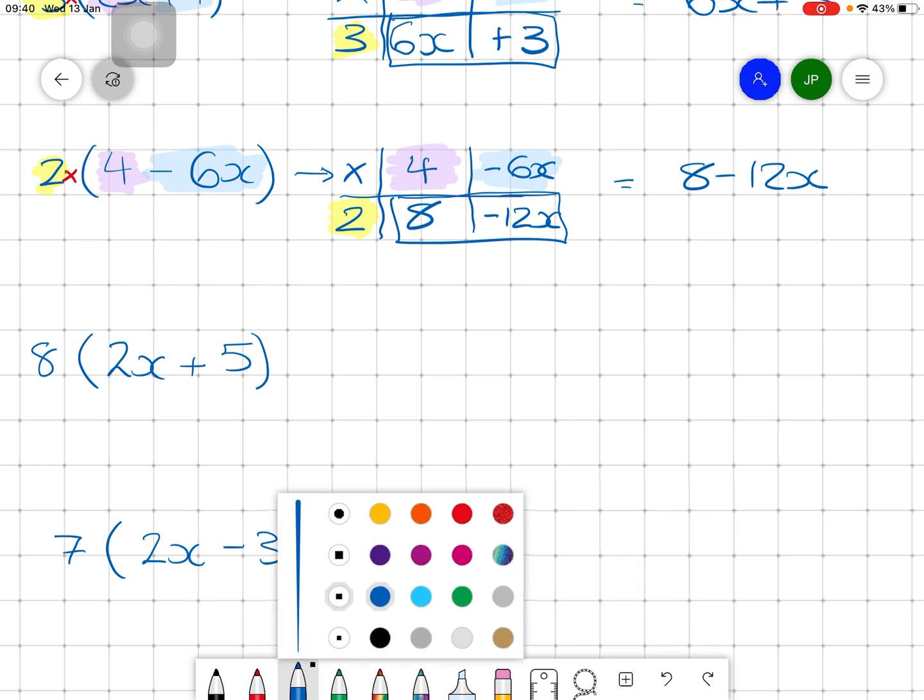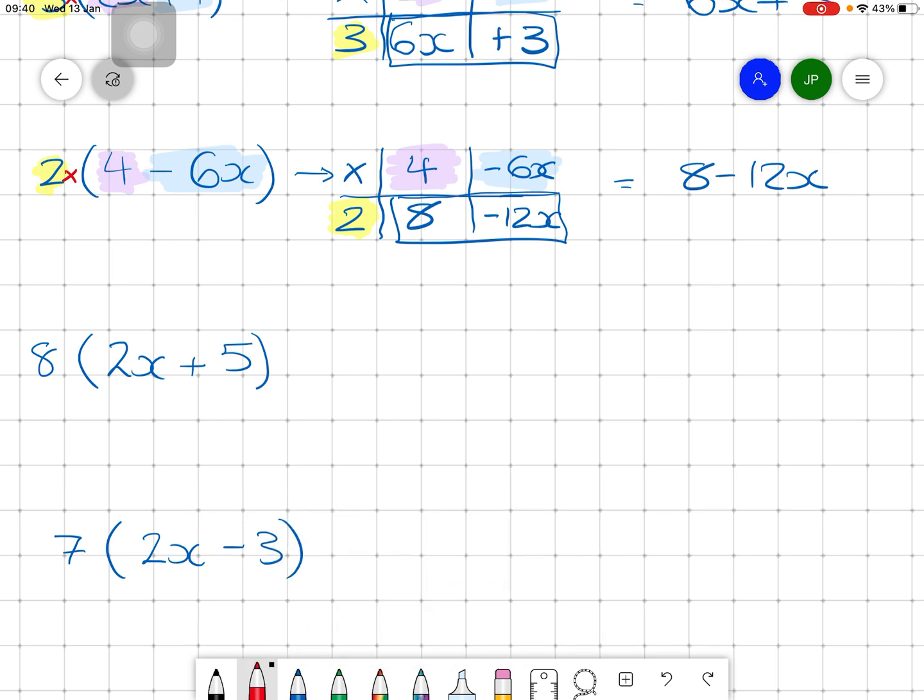Okay, right, let's have a look. So, we've got our little multiply. Therefore, we know we need to use our grid. So we put our grid in. Our 8 comes in at the start. Our 2x and our plus 5 going along the top. So number outside goes into the box on the first column.